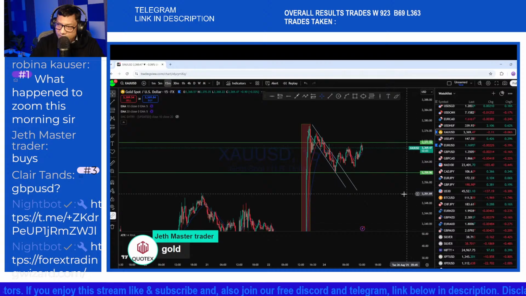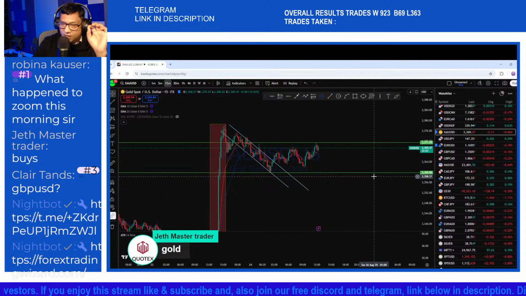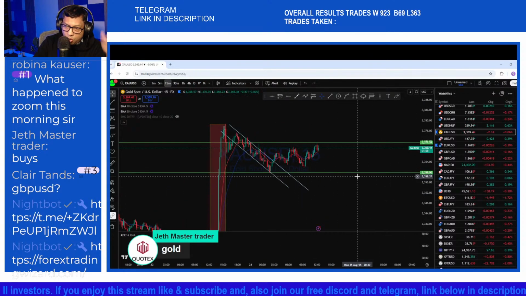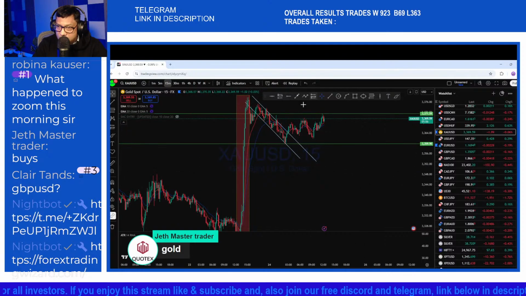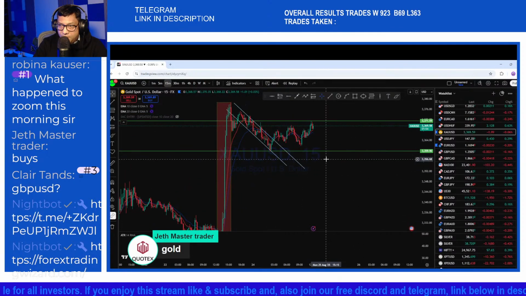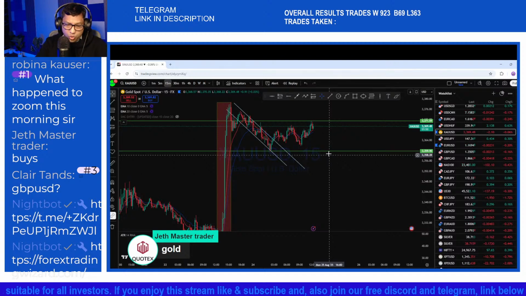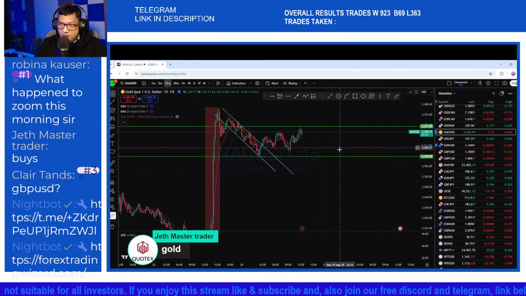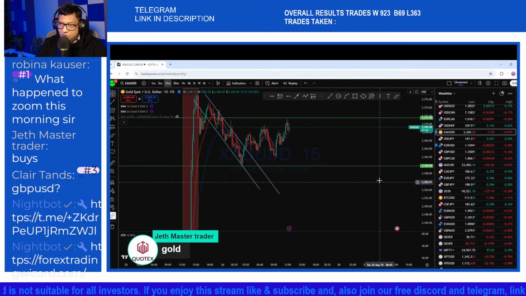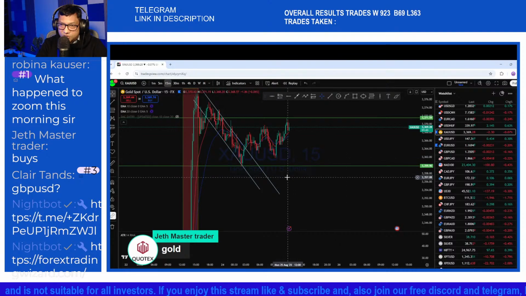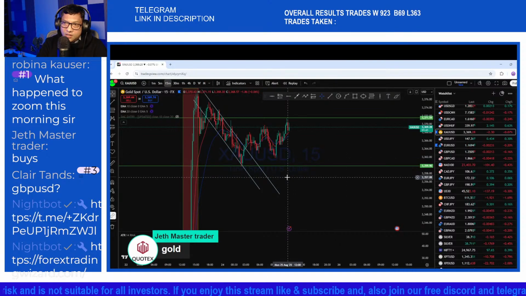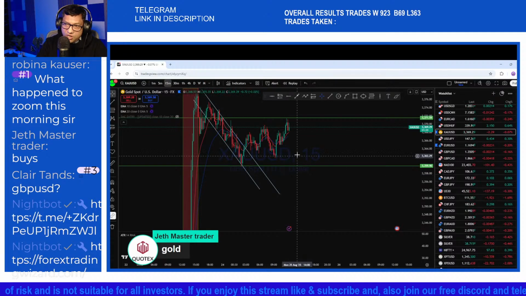Now this level that we are looking at is today's low. It might even cross back below. If the market does, that is where we will be looking for an entry opportunity in this market. So let's see where the market potentially will be heading.